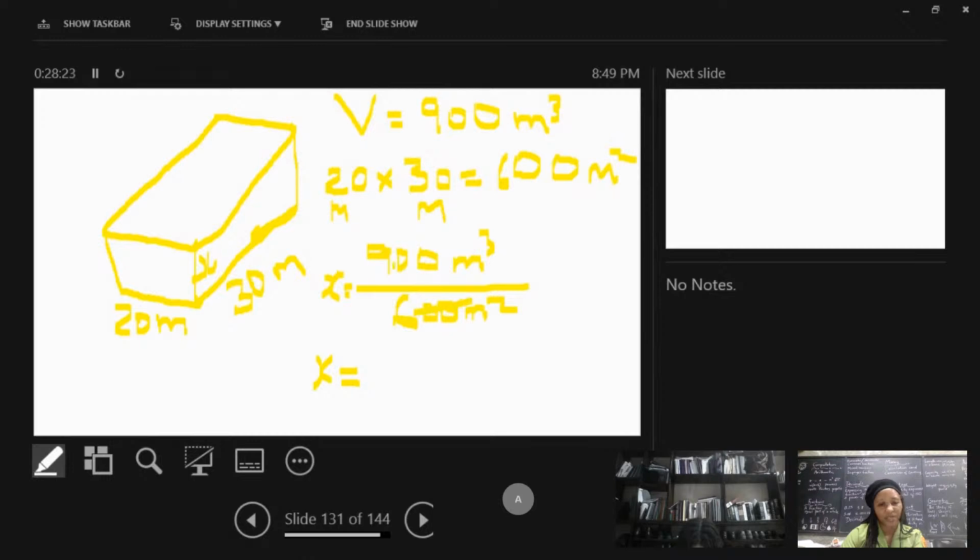Cancel the zeros. 6 into 9, so it's 3 over 2, which is 1.5. So x is 1.5 meters.